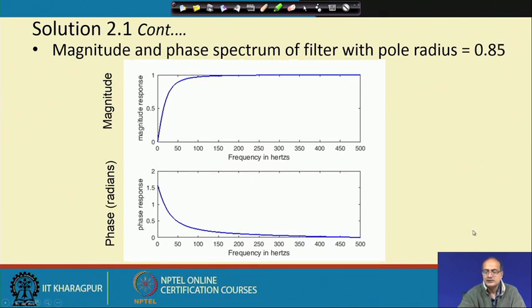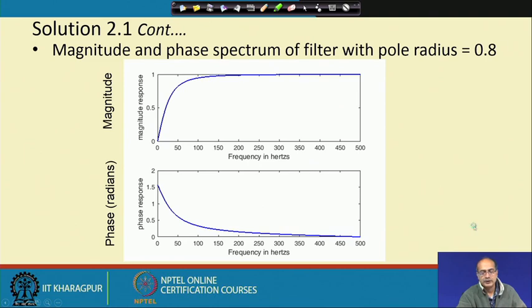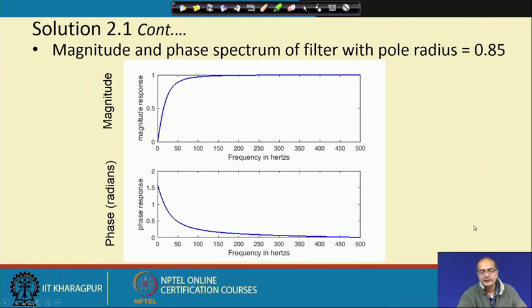The next step is to go to 0.8. If we compare with the previous one, the rise in the magnitude with respect to frequency has become steep and sharp, but similar sharp changes are occurring in the phase.